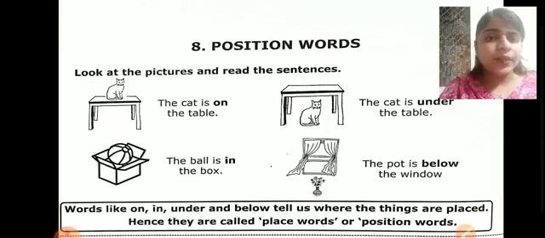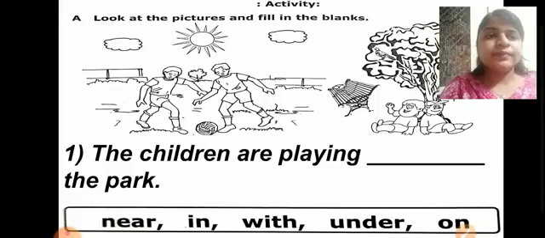I repeat, words like on, in, under and below tell us where the things are placed. Hence, they are called place words or position words. Okay children, understood everyone? Okay, next.